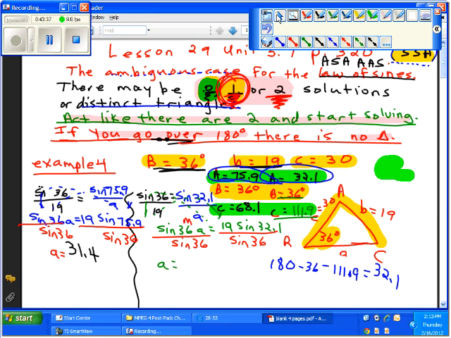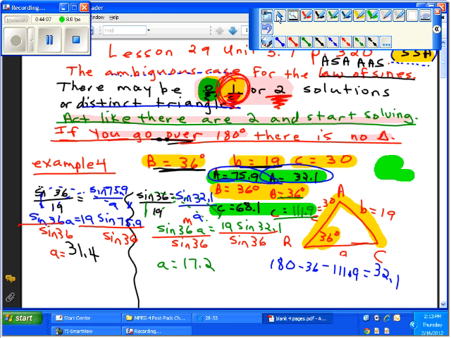And so we would have that little a in option 2 is 19 sine 32.1 divide sine 36. So 19 sine 32.1 divide sine 36, and we get 17.2 rounded to the nearest tenth for option 2 for little a.